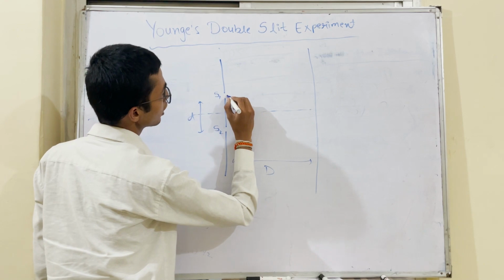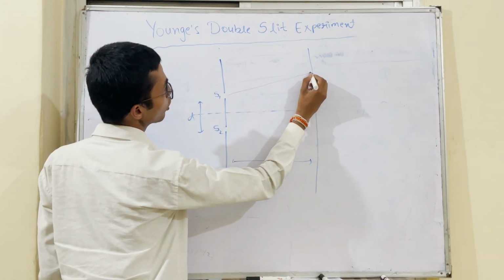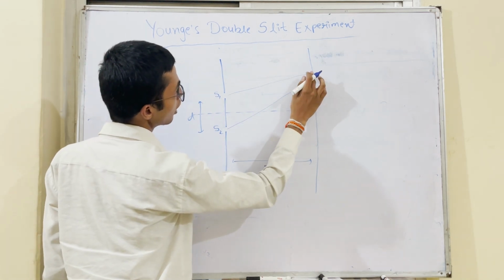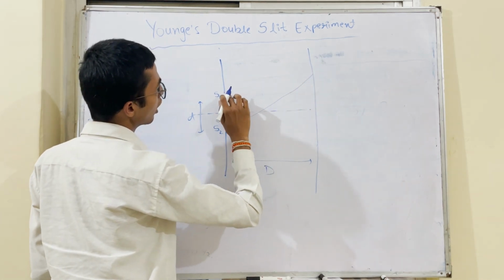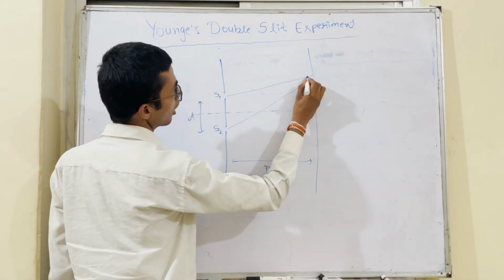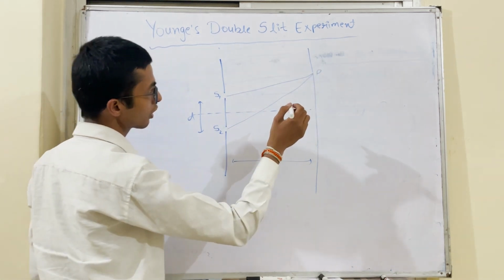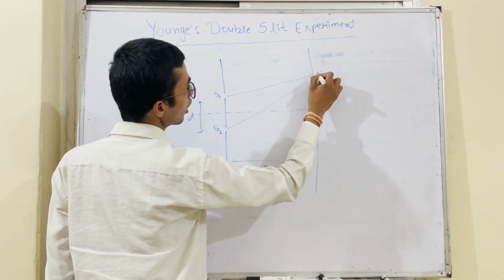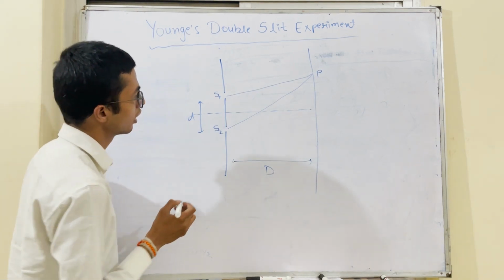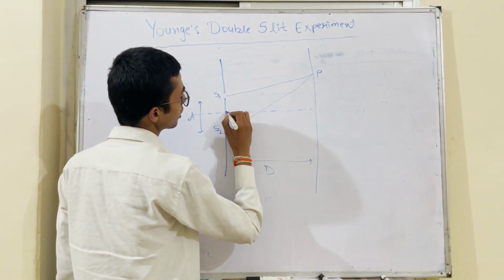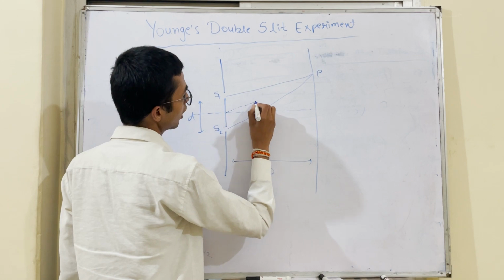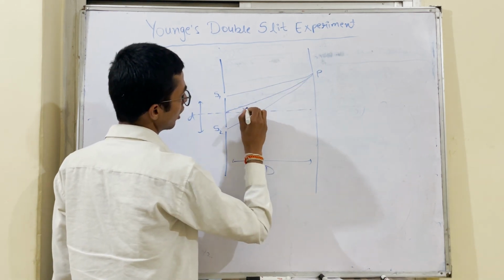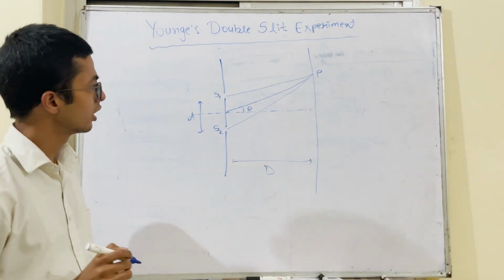If I am considering these two waves are interacting with each other at some point P here, this point is making an angle theta at the center of the slit.